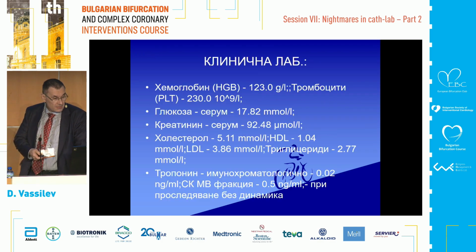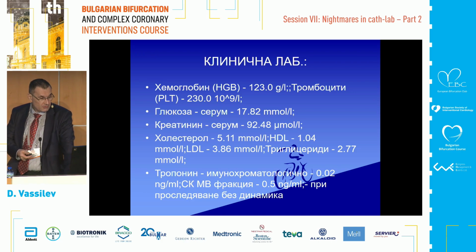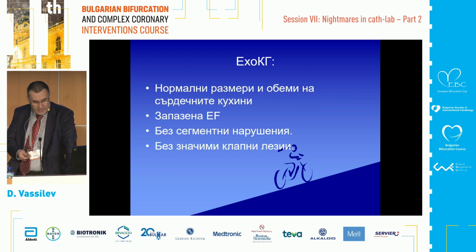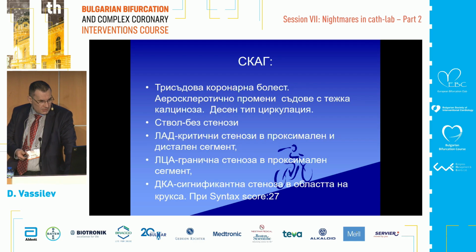The patient was admitted to our hospital with relatively normal laboratory findings, just elevated glucose. She is on medical treatment, and the troponin was normal. The ECG was okay, and the echo showed a normal ejection fraction without kinetic disturbances.